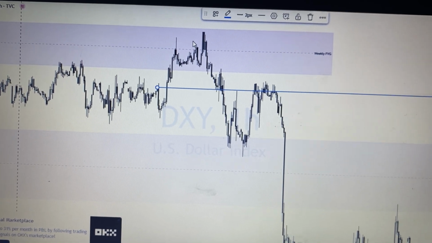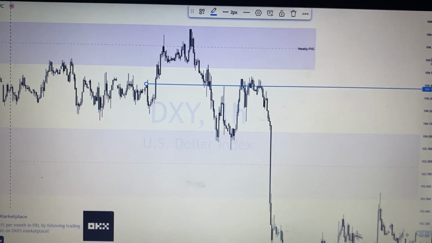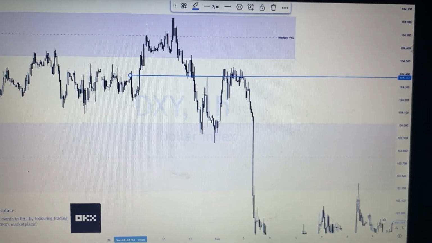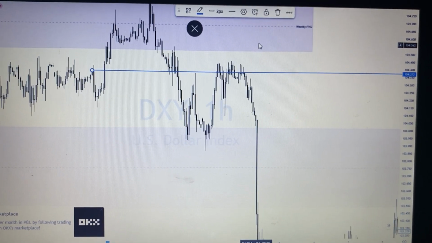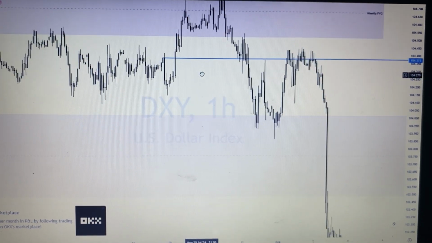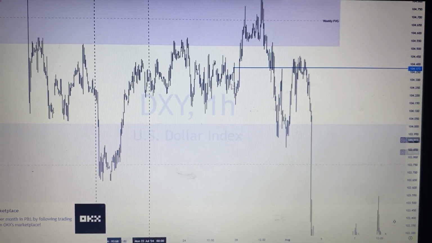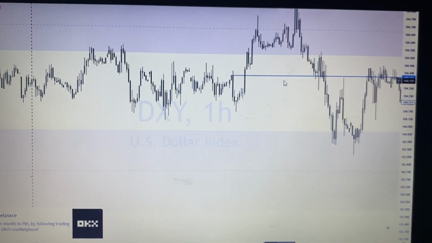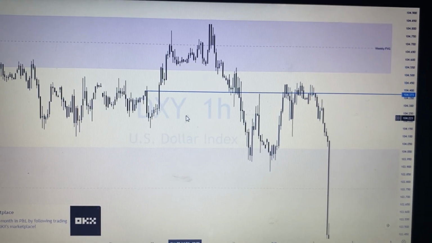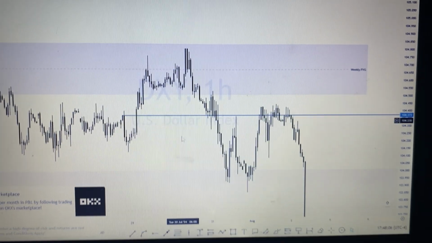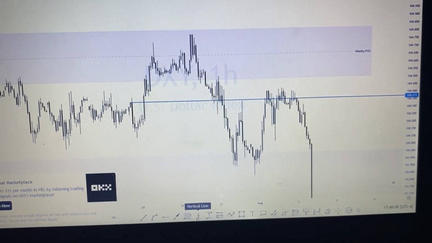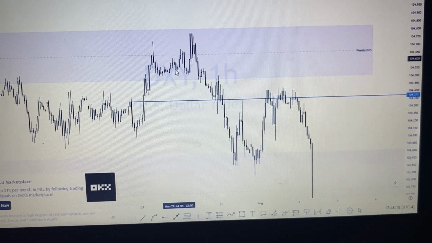So we tap into that weekly fair value gap. So how do we tap into it? Do we have a day like this one where we open midnight and manipulate to the downside immediately, or what? Let's take our line. We're going to look for midnight.